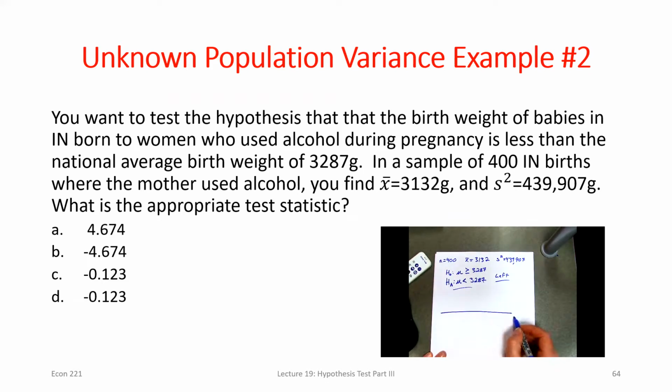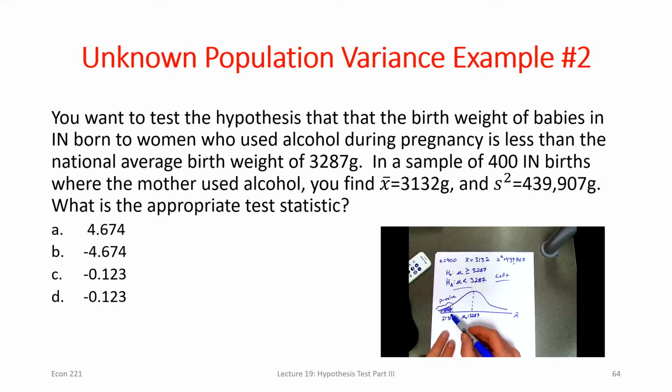So I can think about what the distribution of my sample means looks like. Well, it's going to be centered around this assumed true value of 3,287. I then saw a sample mean of 3,132. And my p-value, which I'll use to make rejection decisions, well, it's a left-tailed test, so it's just going to be the area to the left of that sample mean.